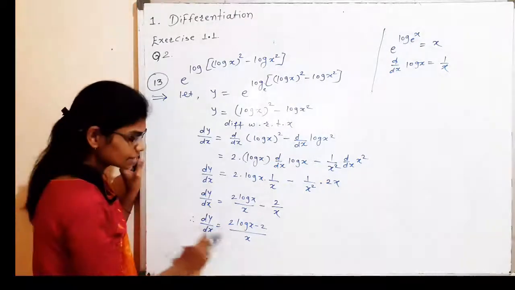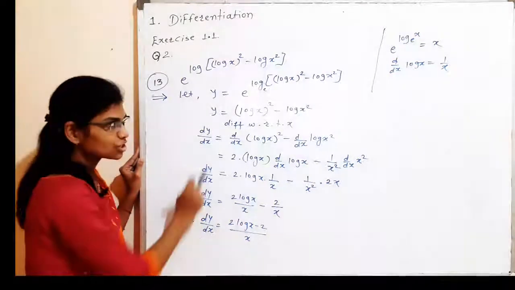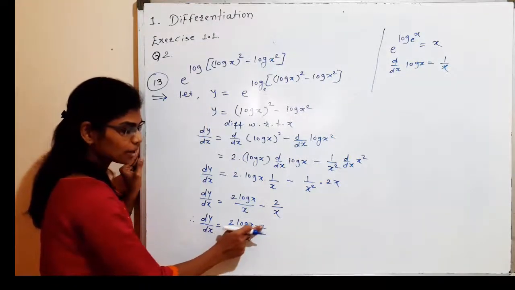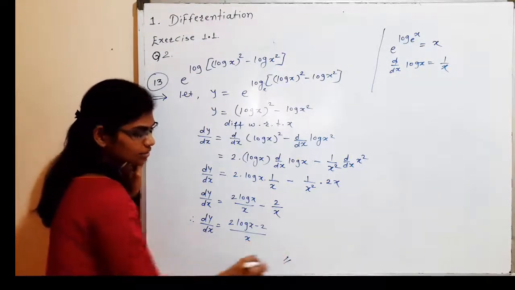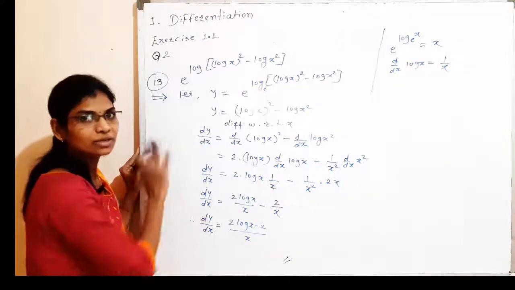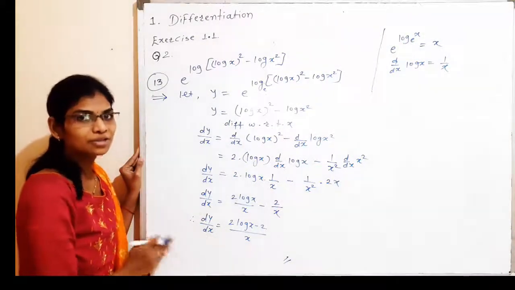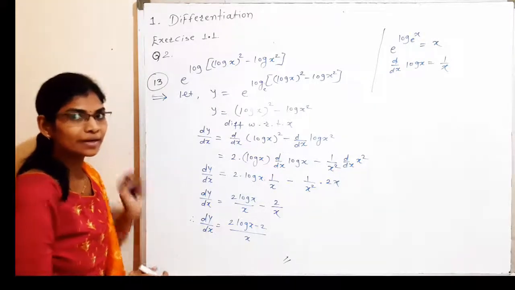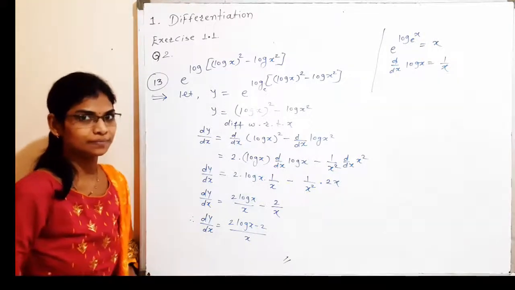Therefore the final answer, the derivative of the function, is 2 into log x minus 2 divided by x. So here you can write it down or you can take a screenshot of this.